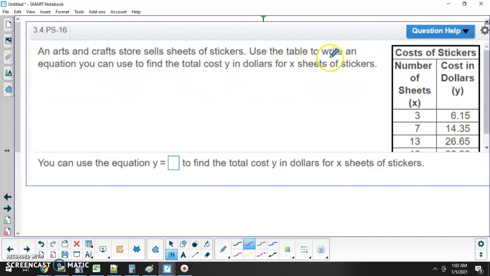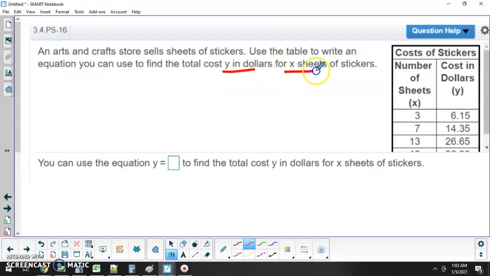All right, so use this table to write an equation to find the total cost y in dollars based on x sheets of stickers. So you're probably thinking this is a proportional relationship, and you can prove that it is by taking the y values and dividing them by x and seeing if there is a constant of proportionality k that goes with this problem.